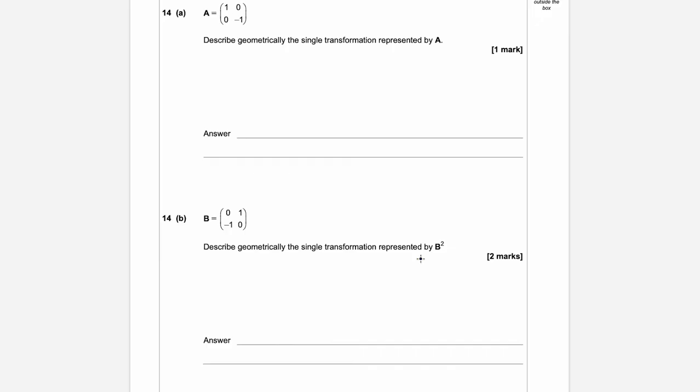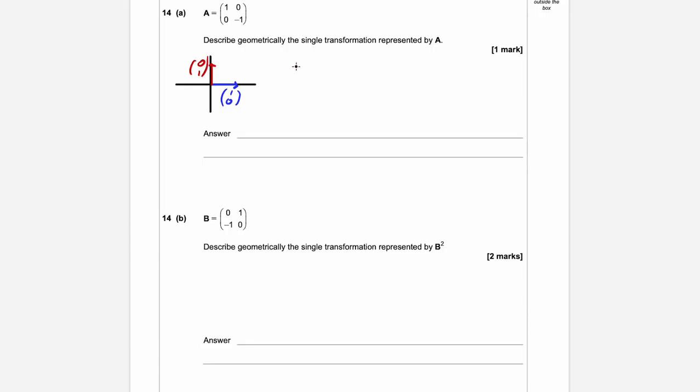Question 14. Describe geometrically the single transformation represented by A. Okay, so guys, I do these questions like this. I'm hoping you've seen something similar. So this is 1, 0, and this is my 0, 1.